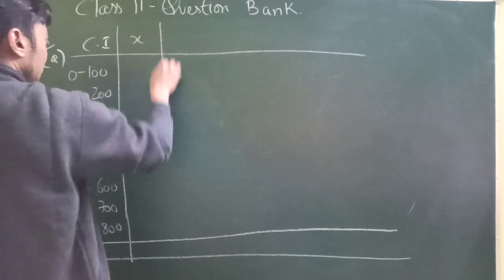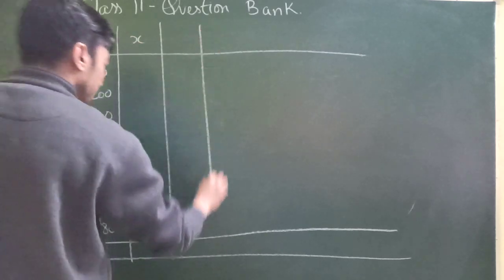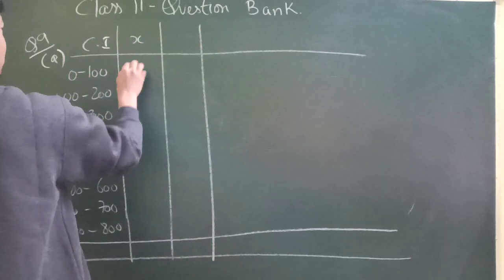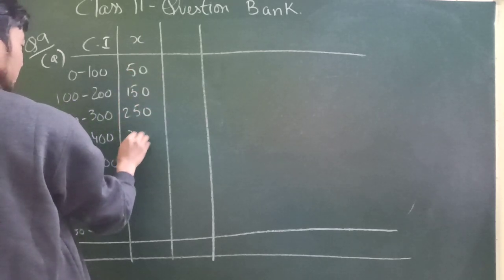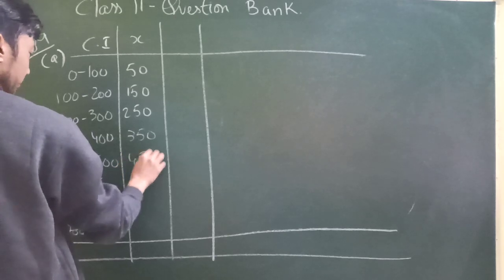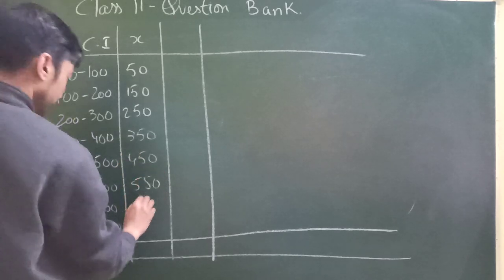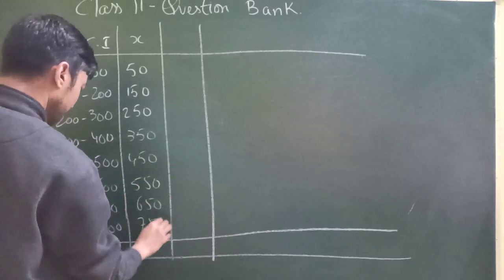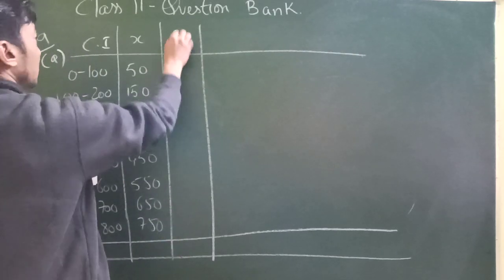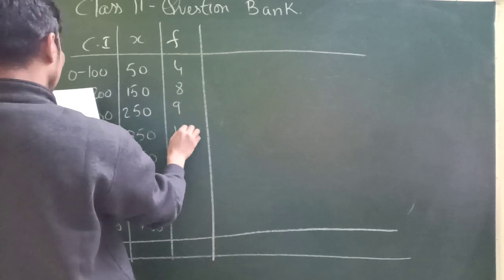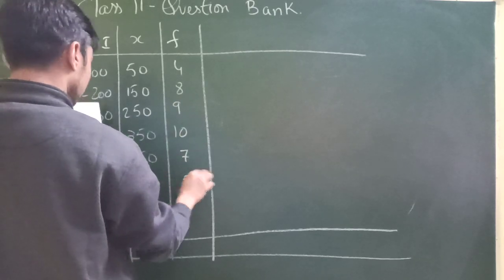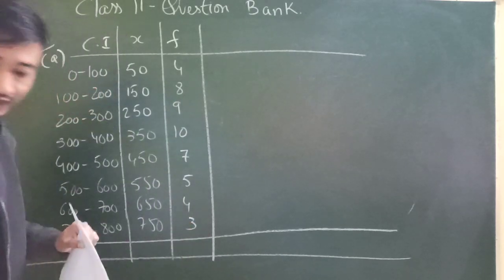So of course the middle value, these are simple things, as I repeat, so I guess you can do that. Middle value, that's of course 50, 150, 250, 350, 450, 550, 650, 750. The frequency that is given to us: 4, 8, 9, 10, 7, 5, 4, 3.